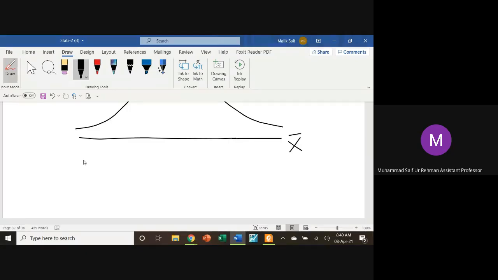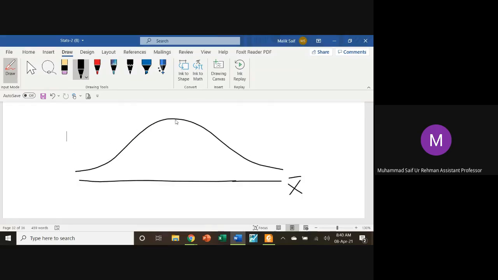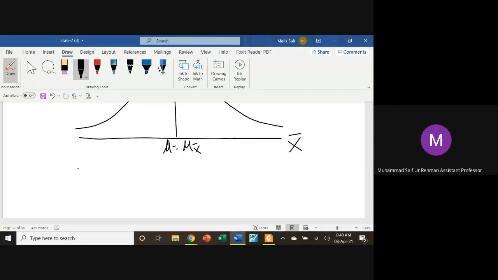So then there was mean of sample means in the center. That was, we were saying that that was equal to mu is equal to x bar, or you say basically this mu is equal to mu x bar. Then we were standardizing the curve, and we were taking z, or in some cases we took t scale, where population standard deviation was unknown, and when it was known we were using z.